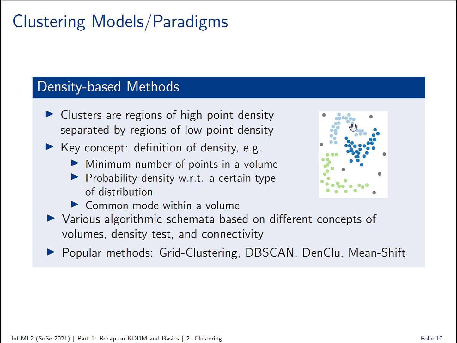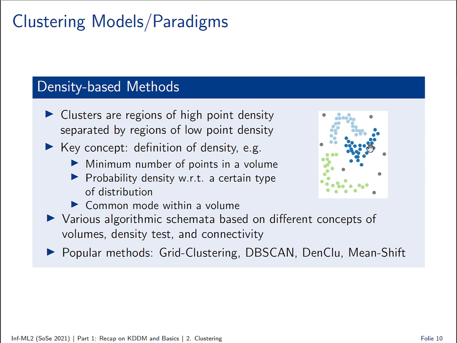So you see here, if you take the light blue ones, as long as you are in this area of the light blue points, you are in a dense region, depending on what density means, but somehow intuitively that is dense, right?